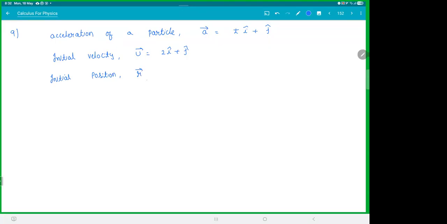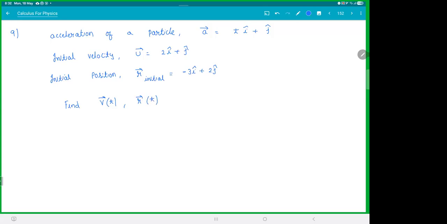Initial position, I'll call it r initial, is minus 3i plus 2j. Find the velocity vector v bar as a function of time t and the position vector r bar as a function of time t.